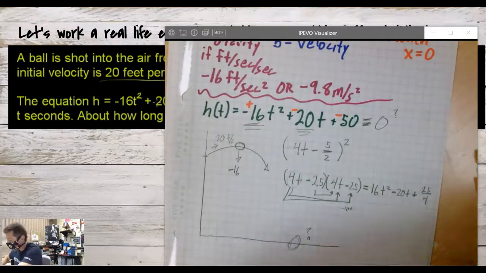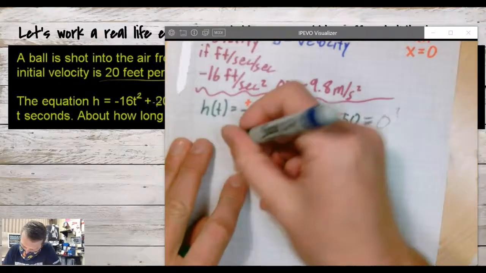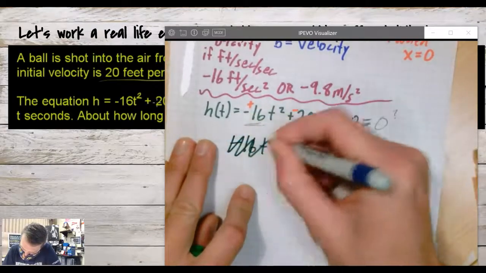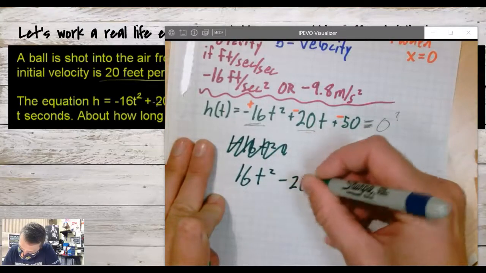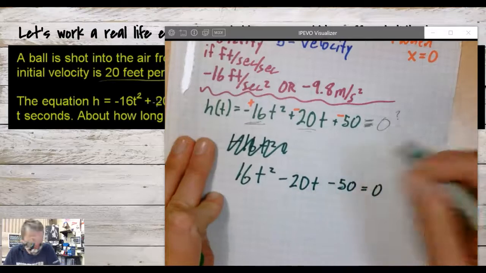Because I'm out of paper, I'm going to grab another piece here. We had positive 16t squared, negative 20t, negative 50 equal to 0.